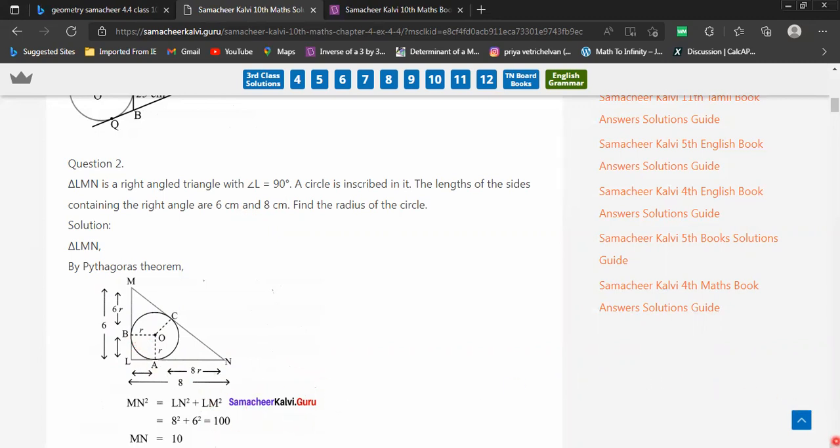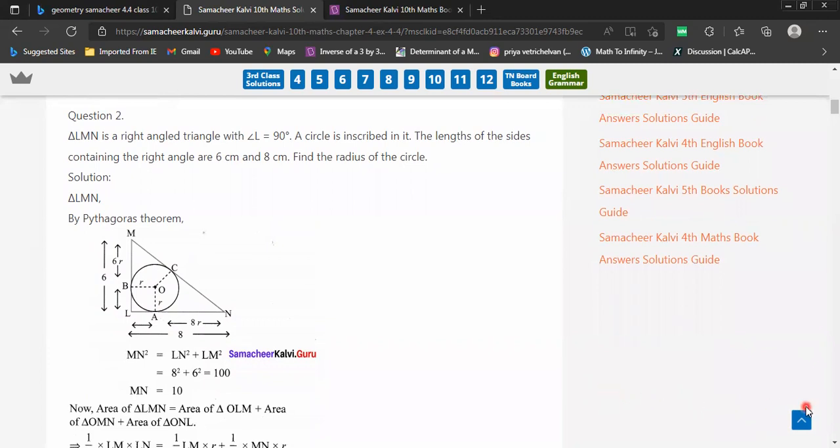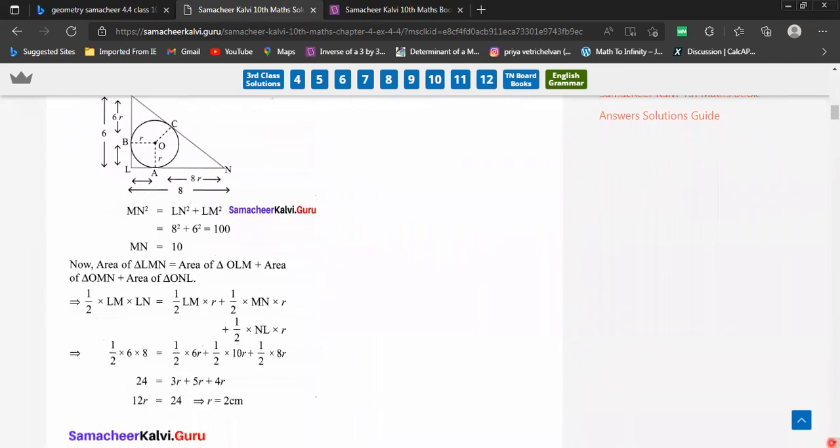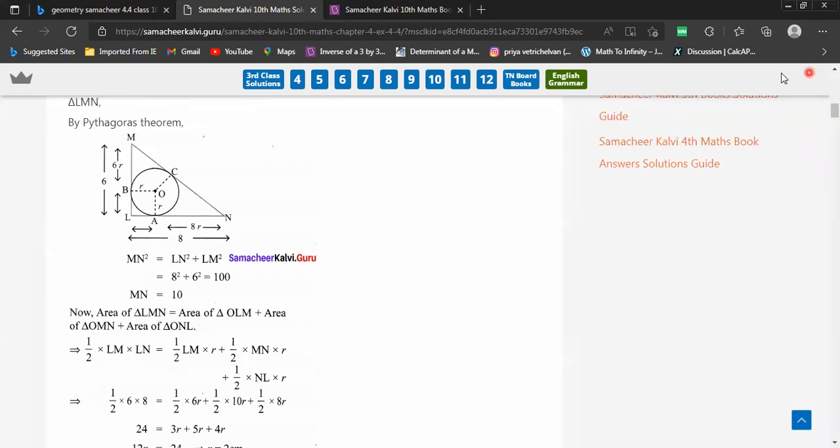So here also we are going to use Pythagoras theorem. We are going to use the area concept here. Area of triangle LMN is equal to area of OLM, area of OMN, and area of ONL. They are just segregating this into several triangles.